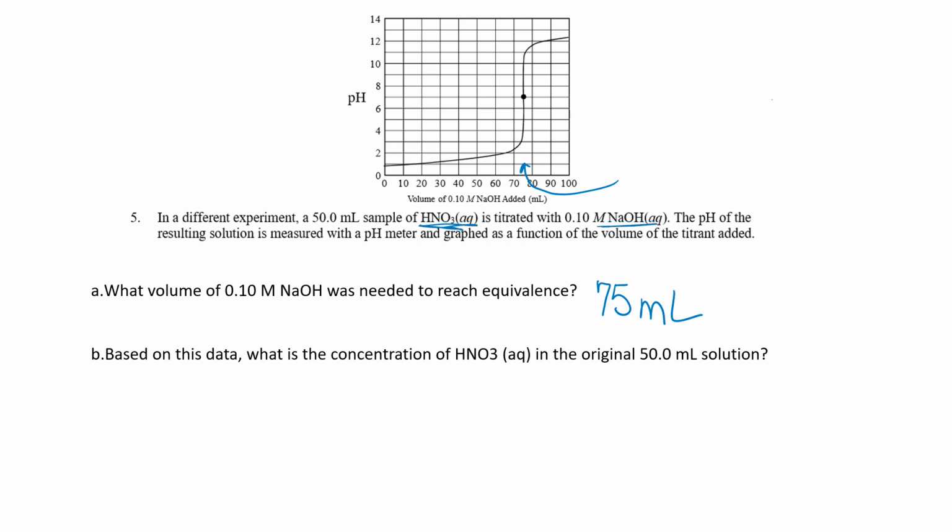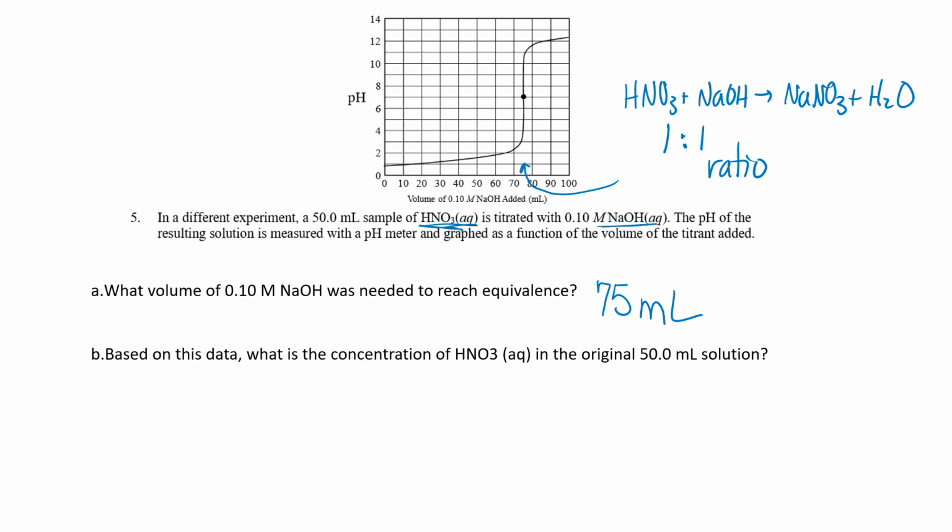And so based on this data, what's the concentration? Well, I'm going to write out the reaction real quick because this is a stoich problem. So here is my reaction here. Notice that my acid and base react in a 1-to-1 ratio. So therefore, if I can figure out my moles of base, I can figure out how many moles of acid I must have had there.